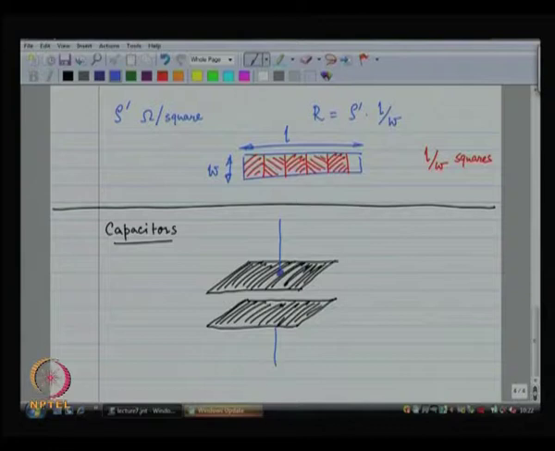So, whenever you see two parallel plates, anything remotely looking like plates which are parallel to each other, separated by non-conducting dielectric.